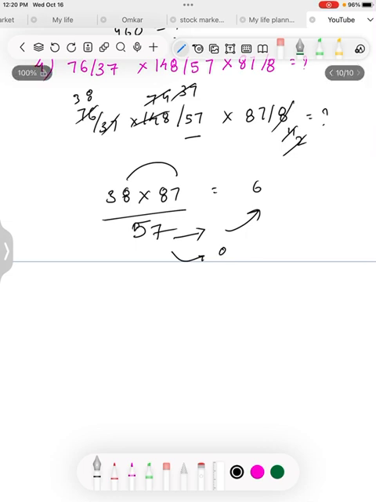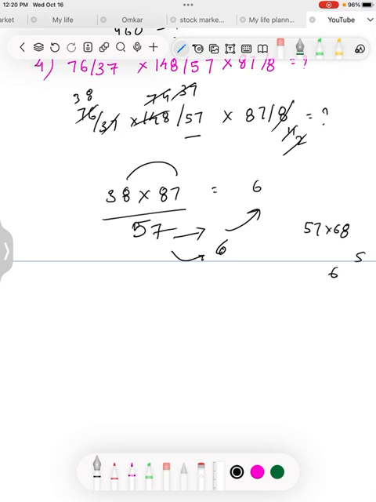Simply just multiply with 68. So in this way you will get this one. Okay.